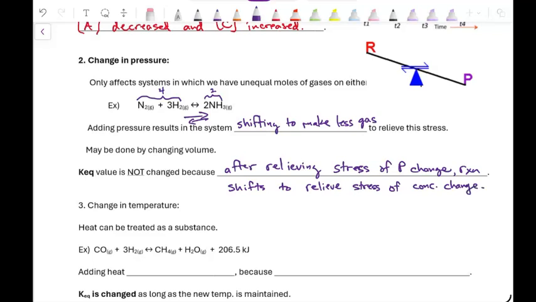So in other words, you just made more NH3, so now the reaction has to shift to use some of that up.